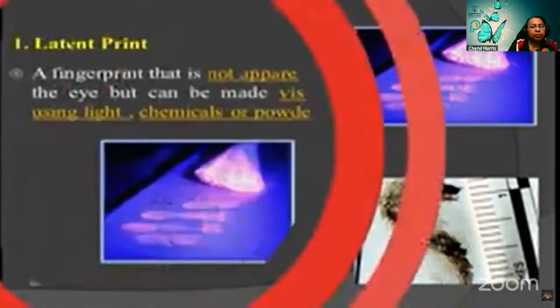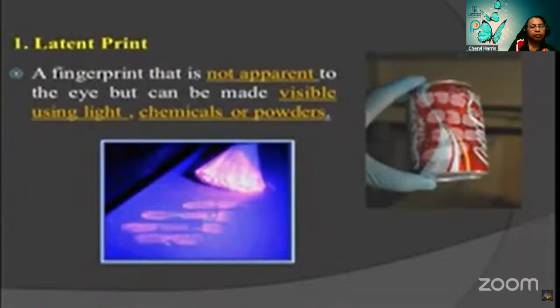What is latent print? Latent prints are invisible prints, and they have an important role in forensic science. A fingerprint that is not apparent to the eye, but can be made visible by using light, chemicals, or powders.